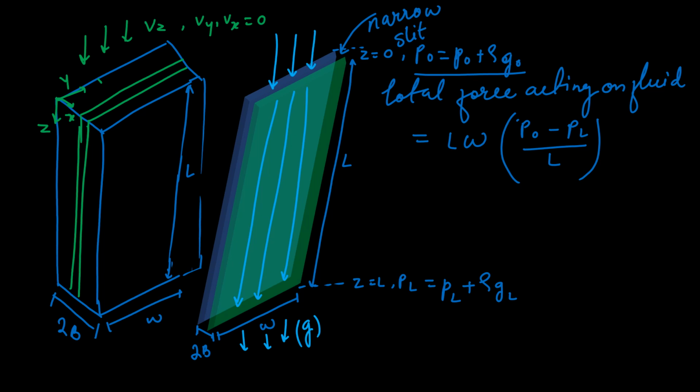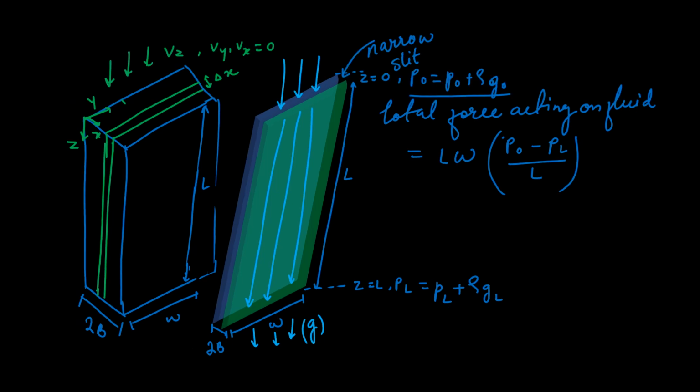So this shell is of delta x, a very small width. So momentum flux in the z direction is because of fluid flowing in the z direction only.